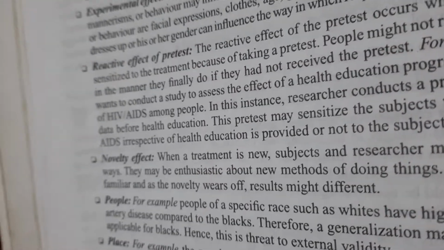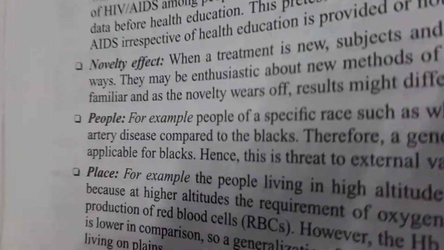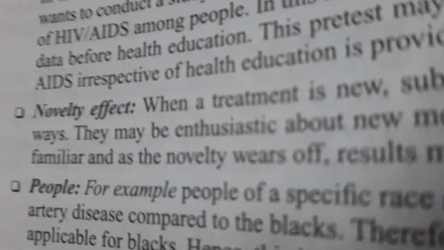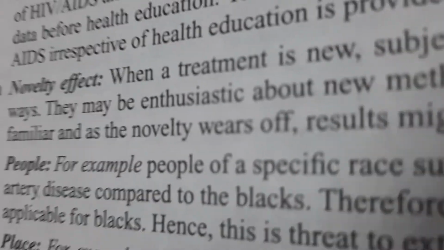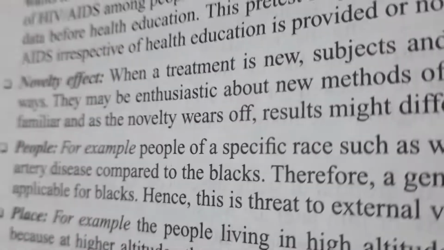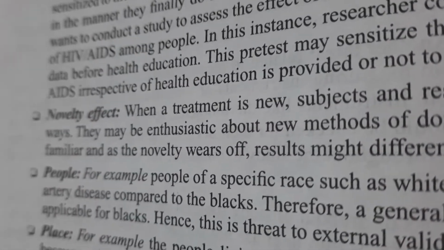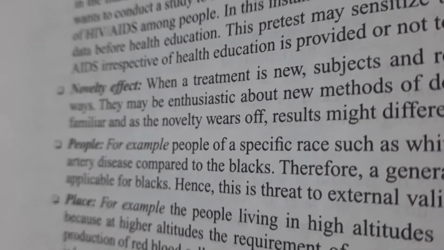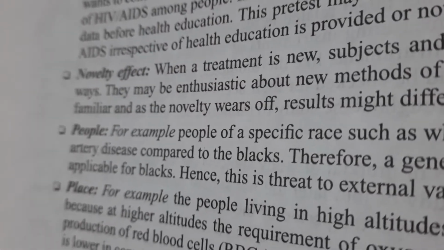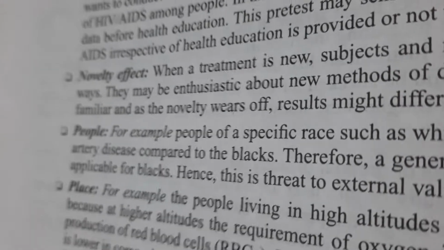Place: when we compare places, the people who are living at high altitude need more oxygen, because exertion is greater. So their Hb level is more than that of people living in tropical areas.